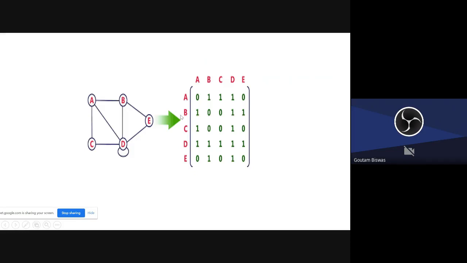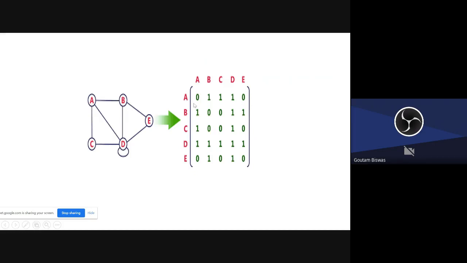Then B to A, one edge; B to B, no, 0. Then B to C, no, 0. B to D, one edge; B to E, one edge, so 1, 1.